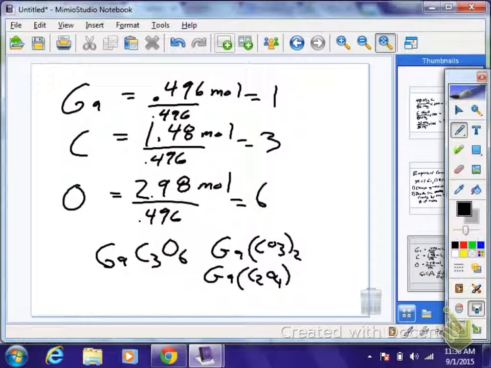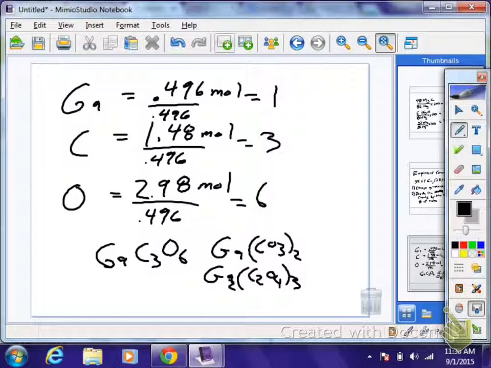What is the charge of Ga? Do you have a chart? 3? So if Ga is a +3 and C2O4 is a -2, so we could say Ga2 and this would be a 3. Would that give us a little ratio but then higher numbers?